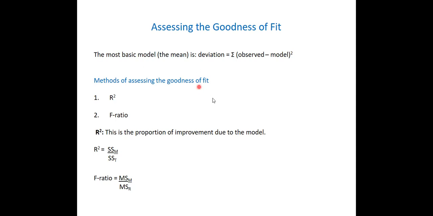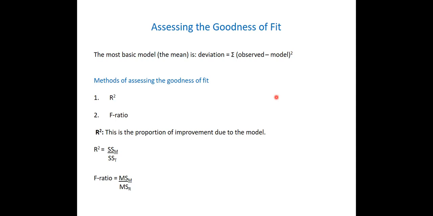So now, let us look at this first statement. The most basic model is the mean. The most basic model that actually predicts the values of the outcome is the mean, if it's a quantitative outcome. For qualitative, it is the proportion or percentage of that thing.